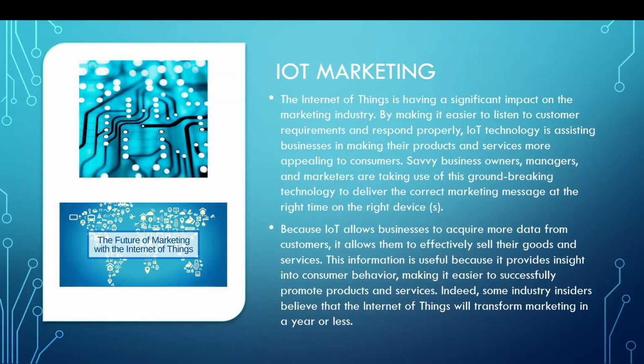Because IoT allows businesses to acquire more data from customers, it allows them to effectively sell their goods and services. This information is useful because it provides insight into consumer behavior, making it easier to successfully promote products and services. Indeed, some industry insiders believe that the Internet of Things will transform marketing in a year or less.